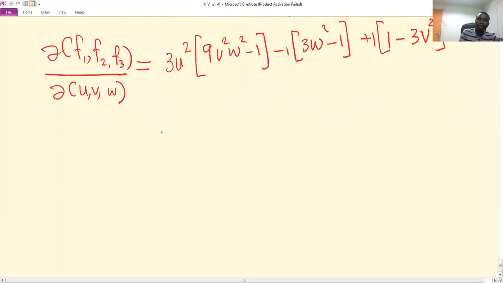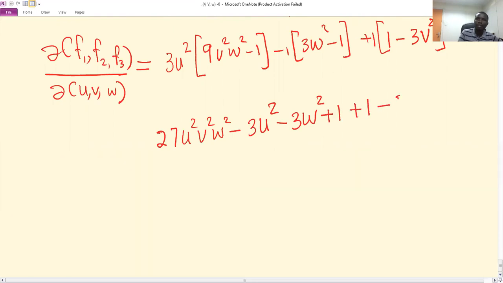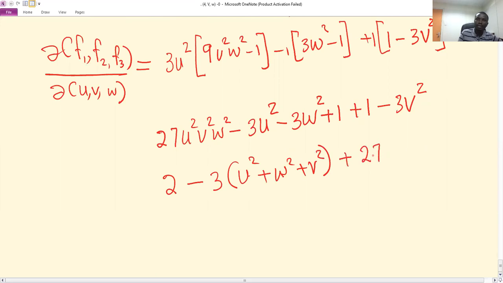So when you open, you get 27u squared v squared w squared minus 3u squared minus 3w squared, now plus 1 minus 3v squared, which can be written as 2 minus 3 into u squared plus w squared plus v squared plus 27u squared v squared w squared.